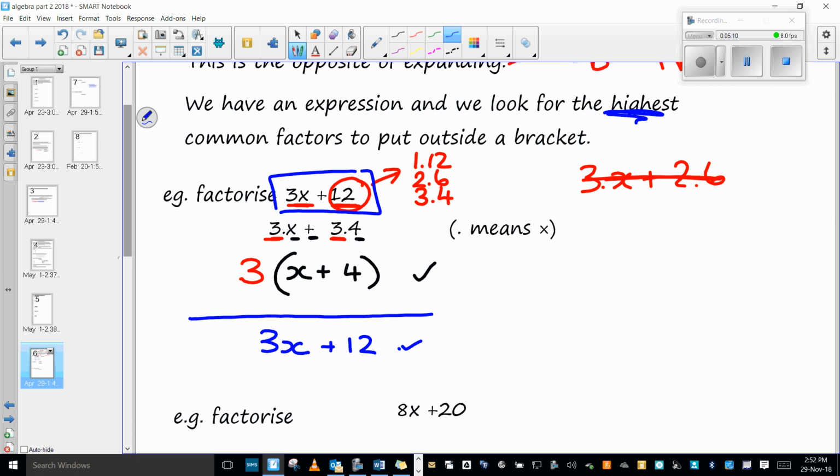So what you have to look out for is that there's nothing else common in this bracket here. I can see that there's just a secret 1 and a 4, so there can be nothing common there. Now when I say nothing common, 1 is common to everything, so that would have been included in our list.